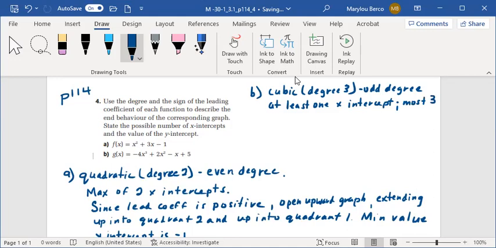x-intercepts. Now, since the leading coefficient is negative, the graph of the function extends up into quadrant 2 and down into quadrant 4.